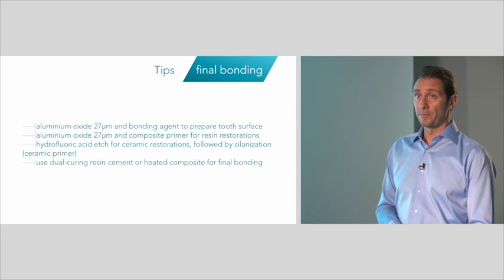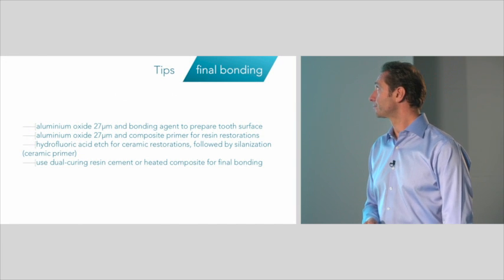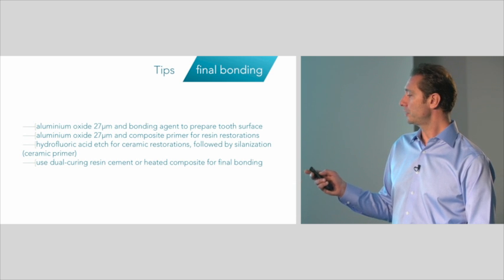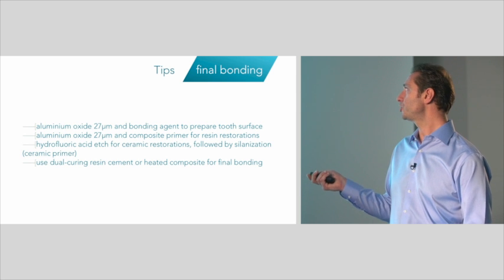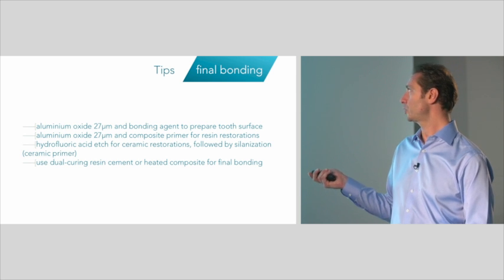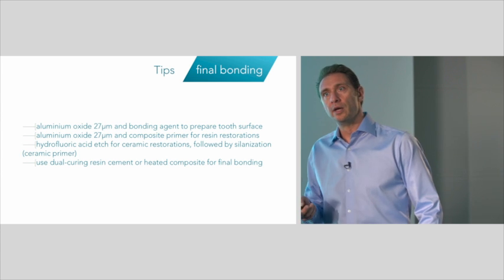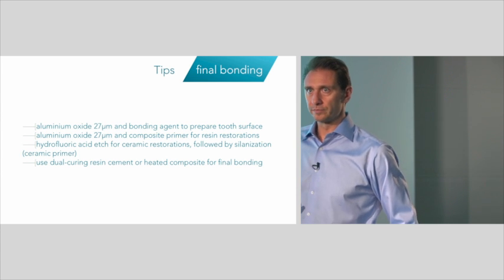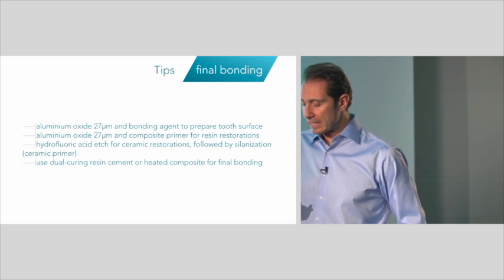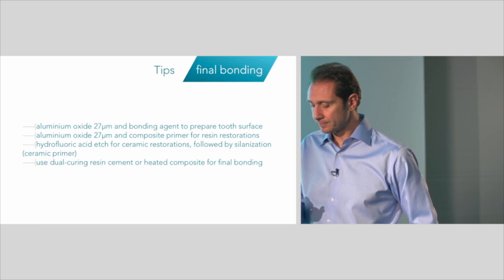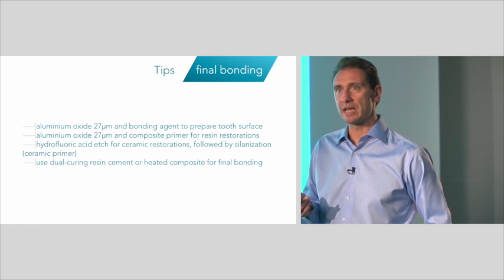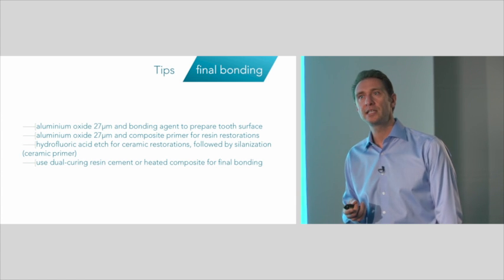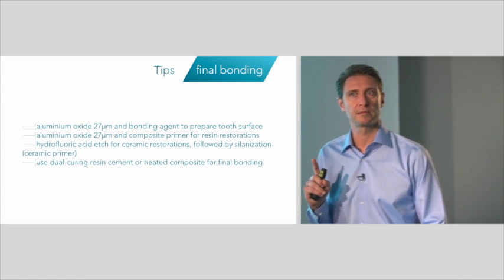And then, for final bonding, use aluminum oxide, 27 micron, and a bonding agent to prepare the tooth surface. So you are bonding to composite and to enamel. Now there's something I need to point out still because I was forgetting something very important.